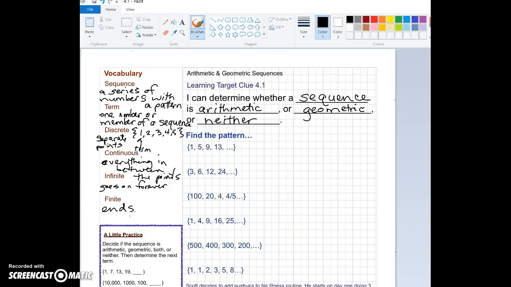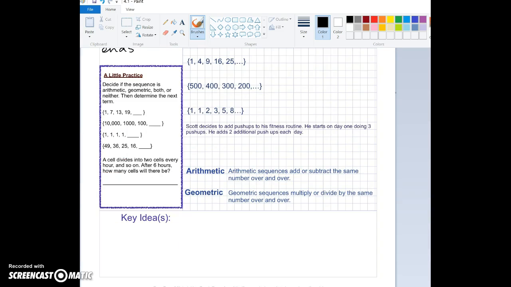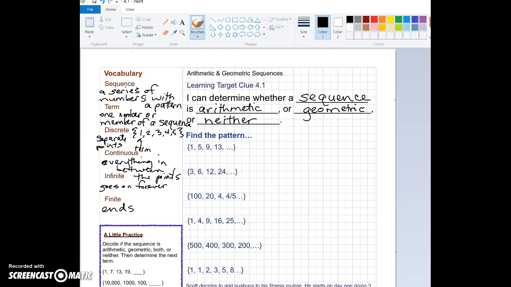All right, now let's go ahead and get started on looking for some patterns. So remember, a sequence is a series of numbers with a pattern. So let's look at this first one. Find the pattern 1, 5, 9, 13. Then that dot, dot, dot means it goes on forever, okay, and continuing.